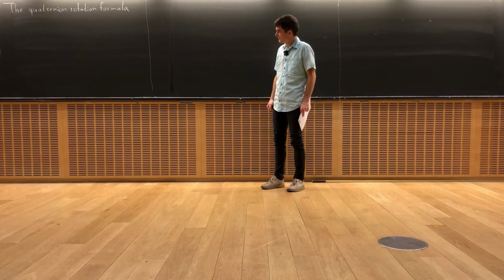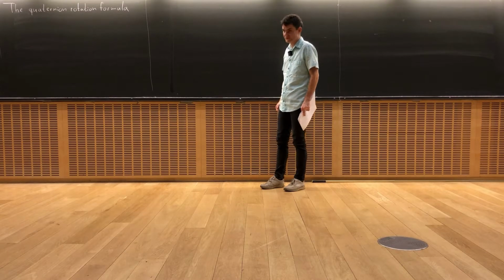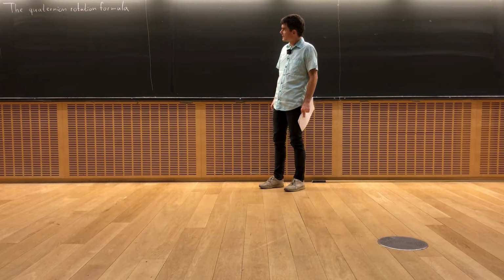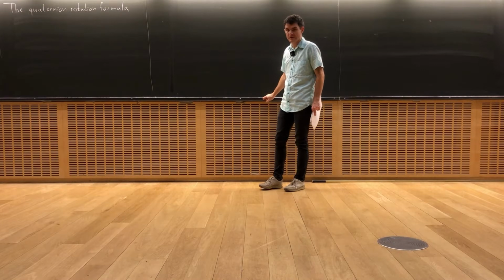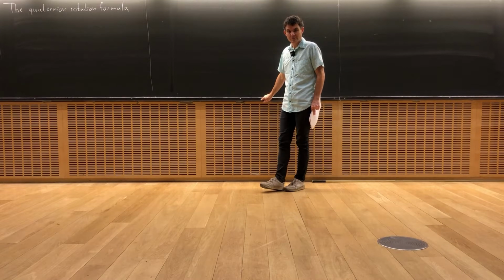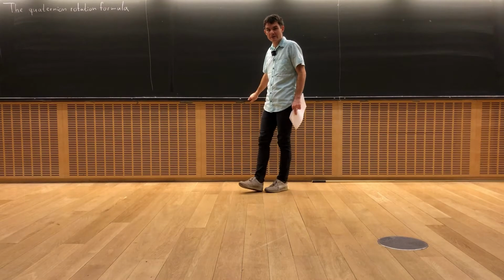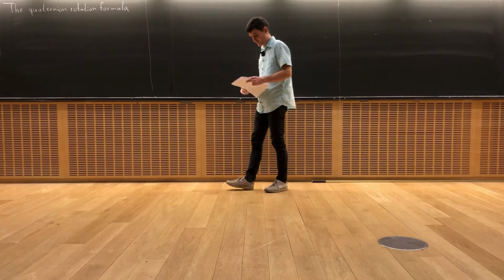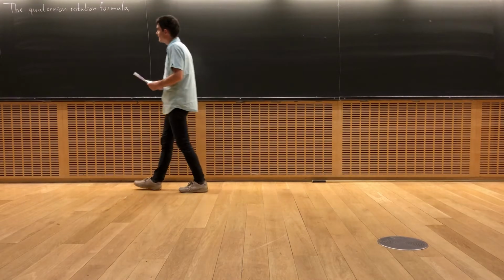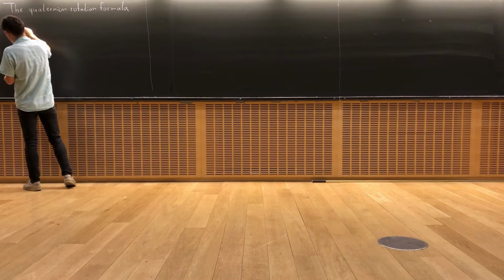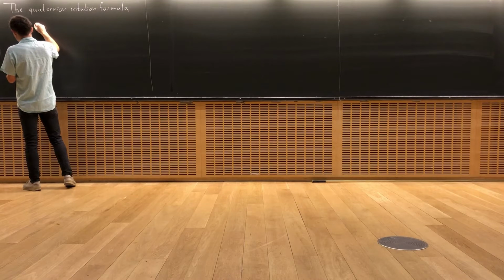And the ability of quaternions to represent attitude hinges on the possibility of expressing the rotation of a vector by means of the quaternion product. So we have a rotation formula that I'm going to spell out.